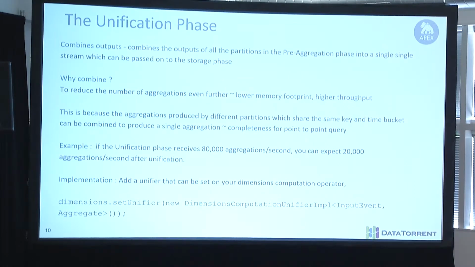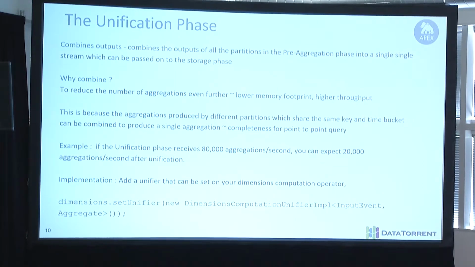The other reason is that aggregations produced by different partitions, which share the same key, may be on different containers. So you have to combine them before they go to a persistent store, because at the other end of the store, you have a business user who does not want to receive erroneous responses when he queries it from an external entity.